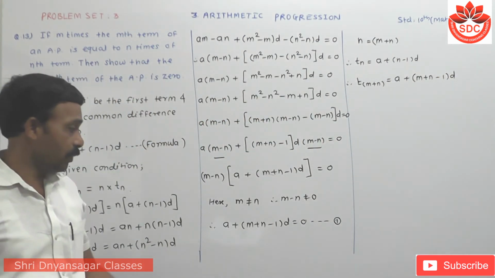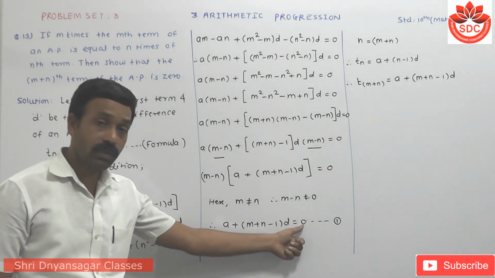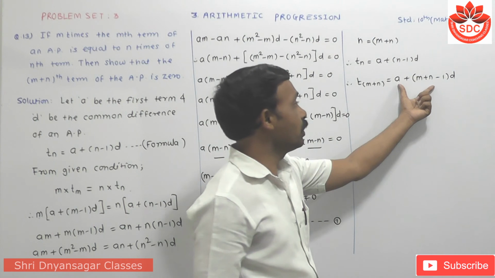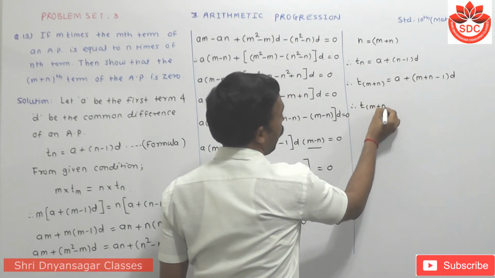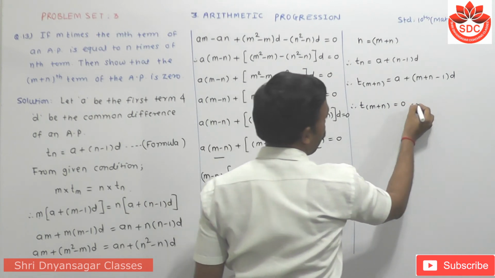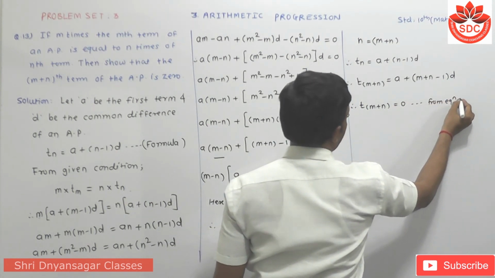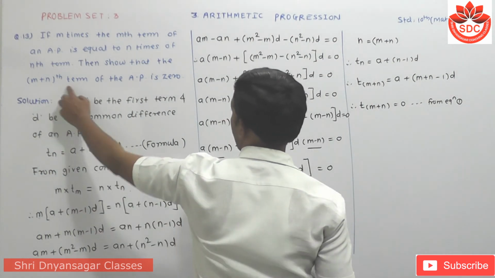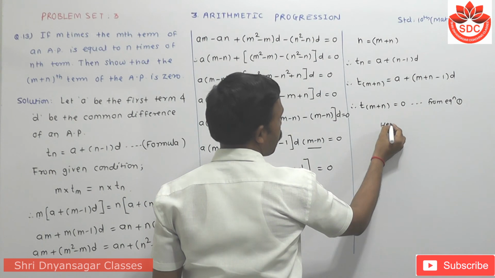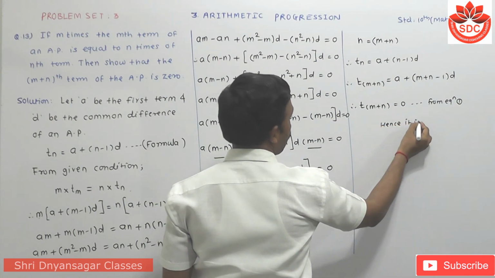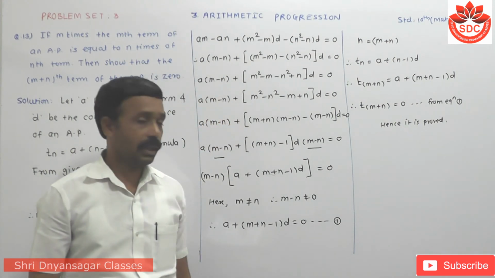Look carefully, from equation first, a + (m + n - 1)d = 0, means this value is equal to 0. So by using equation first, it equals 0. Reason is that from equation first. And we have to show the (m + n)th term of an AP is 0. Therefore, hence it is proved. Can you understand this? Okay, we take the next question.